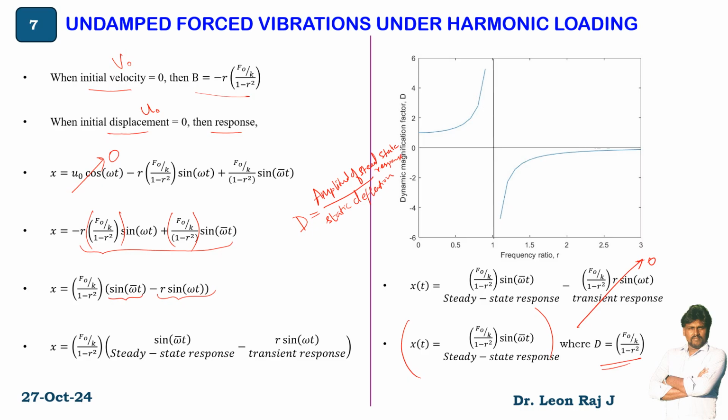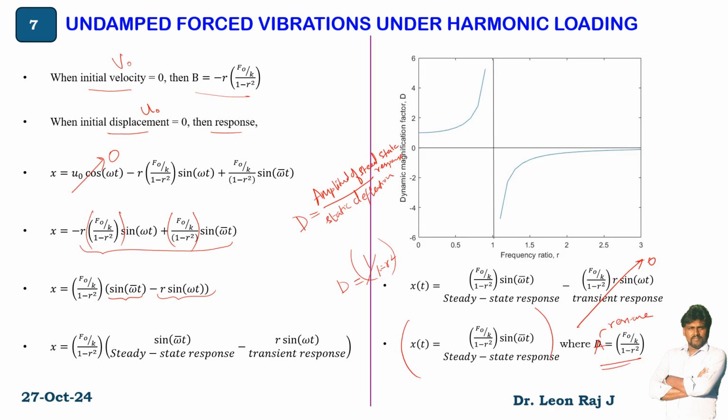So here the term f0 by k divided by 1 minus r square is nothing but the amplitude of the response, and your d is nothing but 1 divided by 1 minus r square.